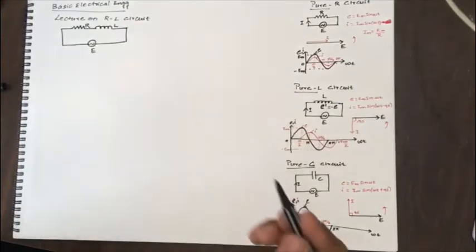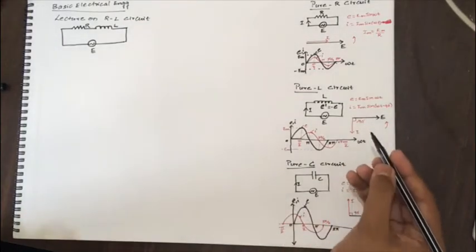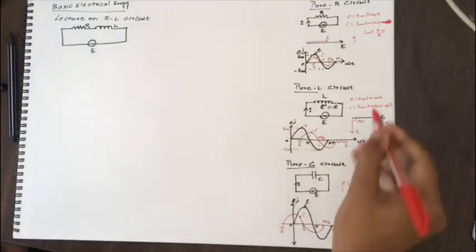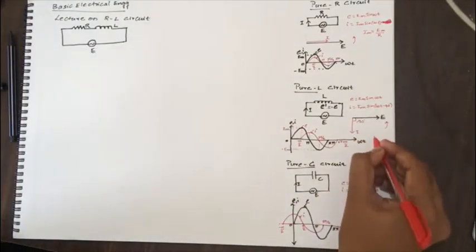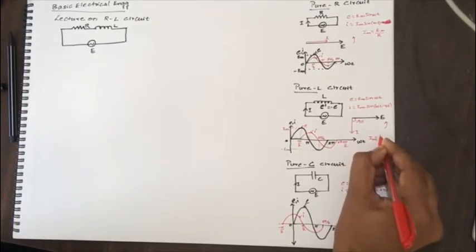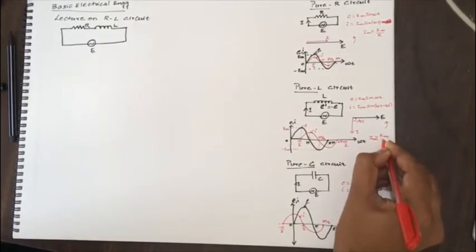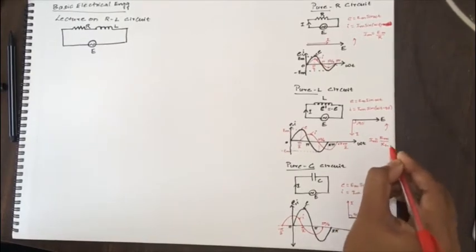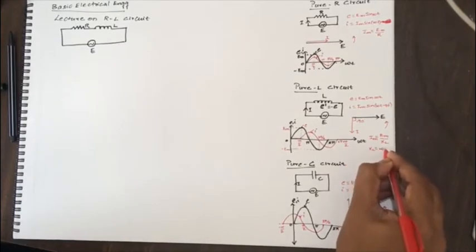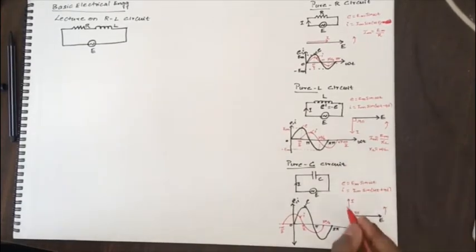Here I think we forgot to see what is Im in case of L and C. So here Im is equal to Em upon XL, where XL is equal to omega L. And in this case, somewhere here I will write it.